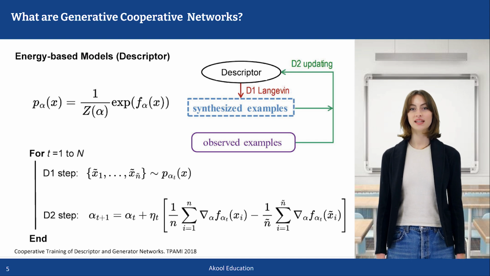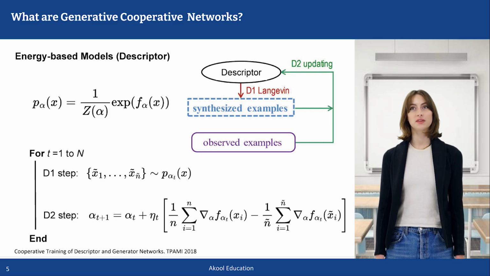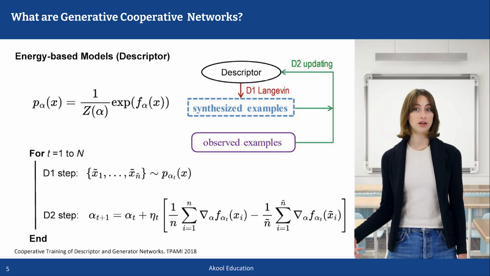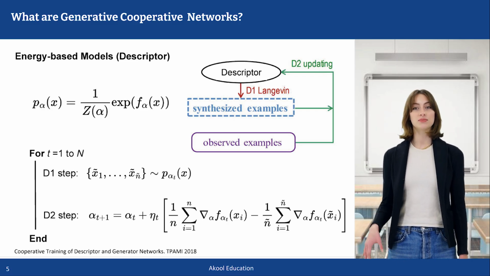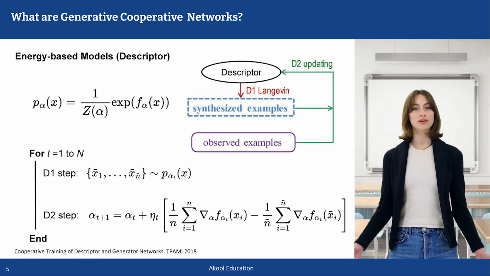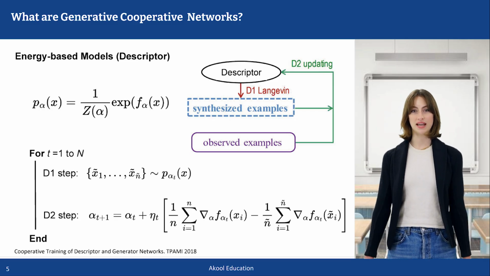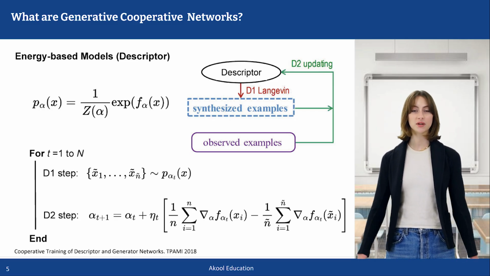Before we dive into the details of cooperative learning, let's first review each component of the framework. We begin with the descriptor, which is an energy-based model. It is parameterized by a bottom-up neural network f of x, where alpha denotes the model parameters. Learning the energy-based model via maximum likelihood leads to an analysis by synthesis algorithm that alternates between a sampling step and a learning step.